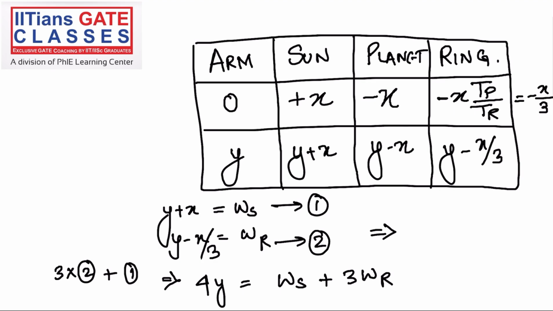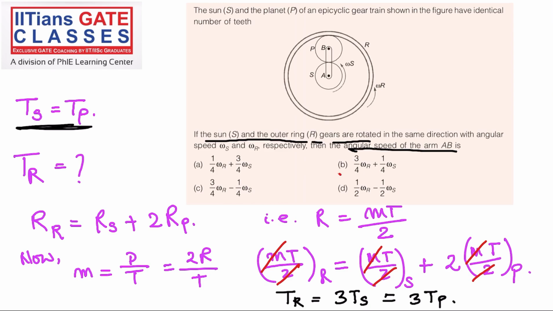This implies y is equal to 3 by 4 omega r plus 1 by 4 omega s. Okay, let us see if we have this in option: 3 by 4 omega r plus 1 by 4 omega s. So what is the answer?